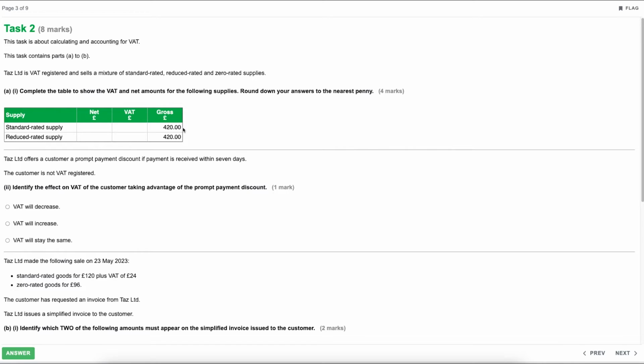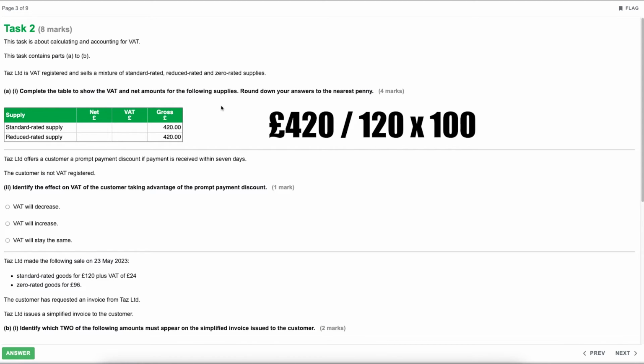So we stated that the gross under the standard rate of supply is 120%. To get back to the net, all we would do is 420, which is our gross, divided by 120, because that gives us 1%. If the gross is worth 120%, if we divide it by 120, we get 1%. We then multiply that figure by 100 to get the net, or 20 to get the VAT.